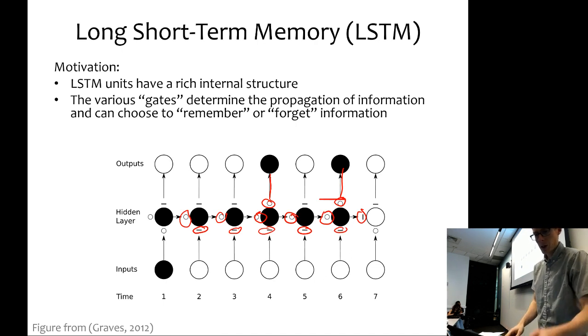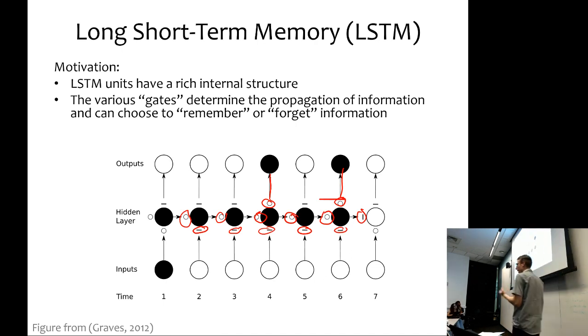Okay. So this notion of gating is used all over deep learning. It's become prominent within individual cells of, say, a recurrent neural network. LSTMs are just one example of this. I'm not going to talk about GRUs, but they're another popular one.